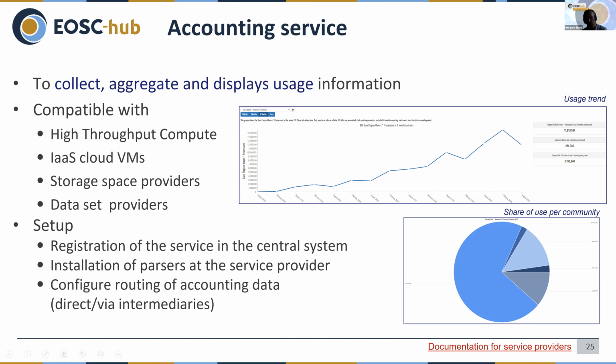These data collectors will pick up the accounting data from your site and will then transfer it to the central system, which you can configure whether you want to route that data directly to the central system, or maybe you want to set up your own network and local collector first, receiving data from multiple service endpoints, and then you want to send further an aggregated result to the central accounting.